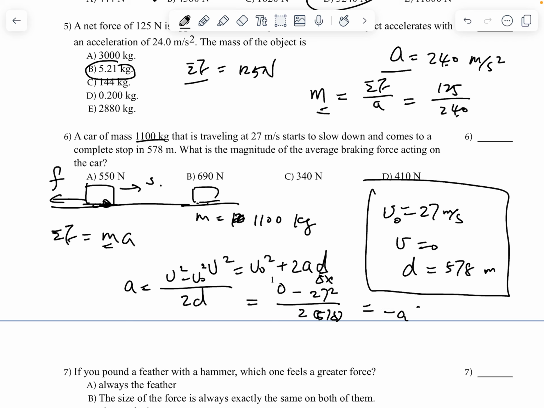This is negative 0.631 meters per second squared. Yes, it's decelerating.